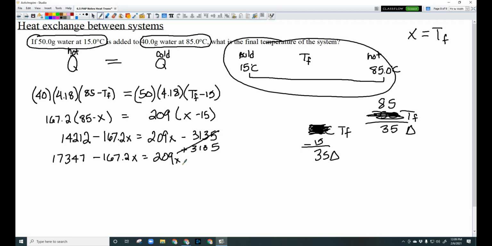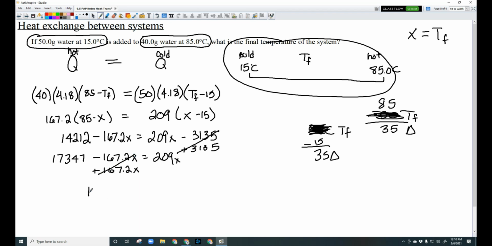Okay. All right, now this is negative. So in order to get rid of this on this side, I want to add it to this side. Okay. So if I add 167.2x to this side, it gets rid of it here.